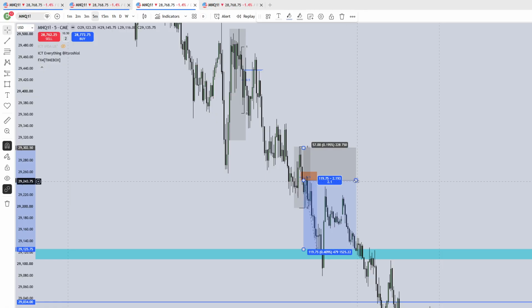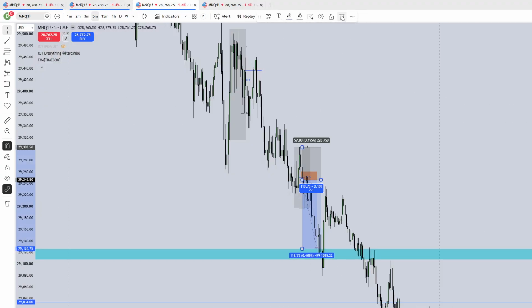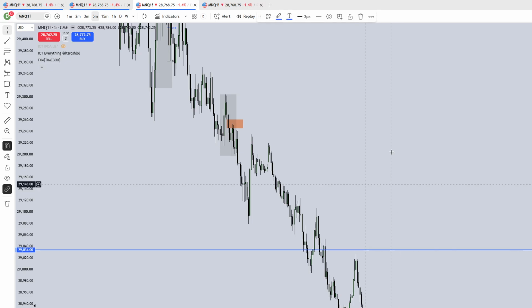So that would be your prop firm trade. If you have a live account, you know, overnight we do end up hitting that hourly low, so take some off here on a live account and then leave some runners for that hourly draw. That's probably what I would have done. So that was Thursday.